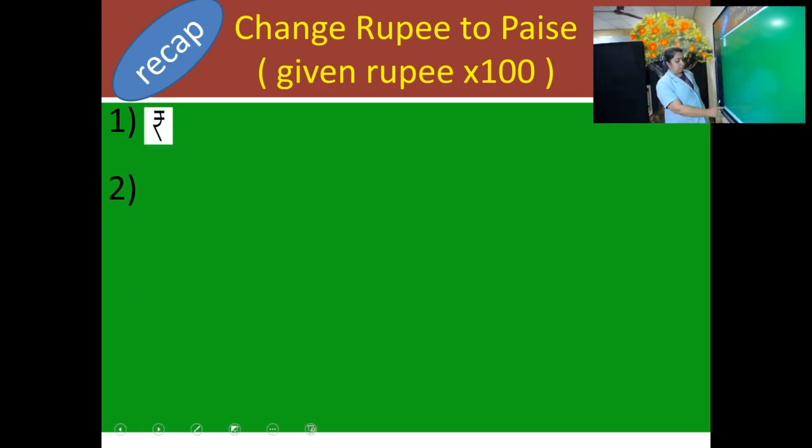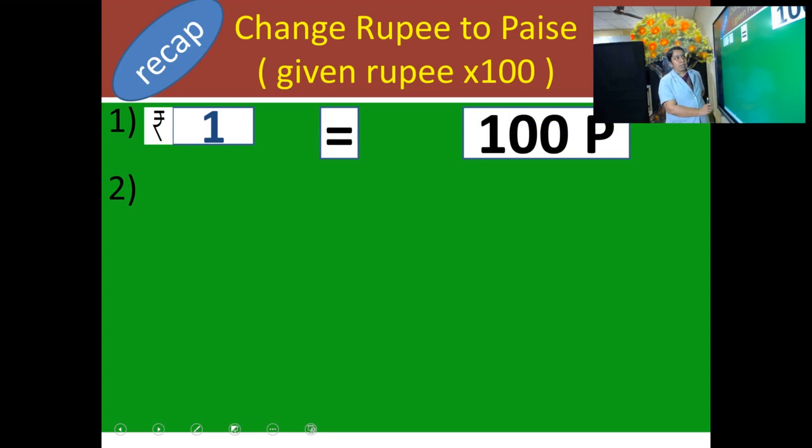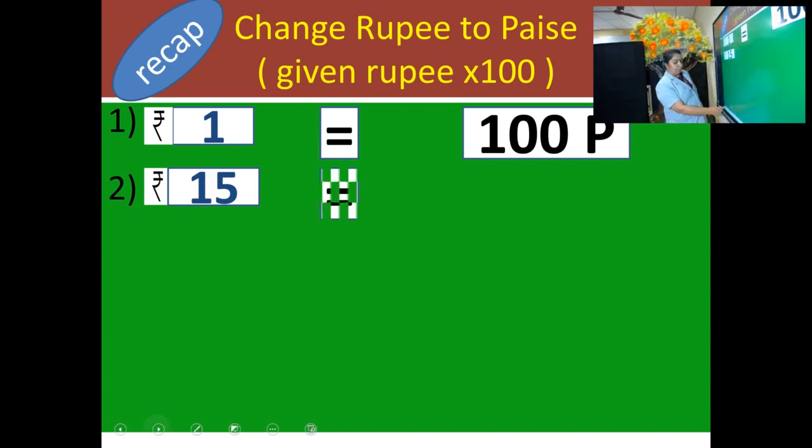Look, here is the first question. Rupee 1. How much paisa? Yes, it's 100 paisa. Then, second question, rupees 15. What do you have to do? The given amount is 15, so 15 into 100.